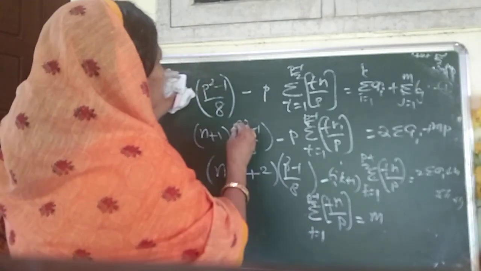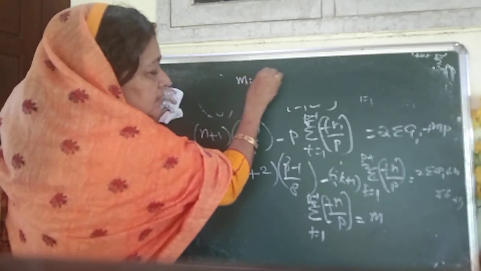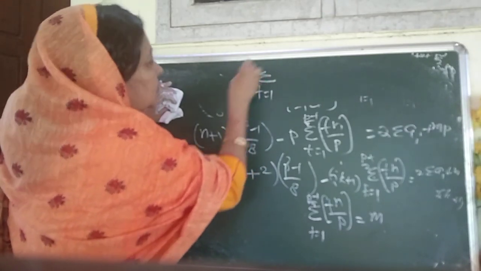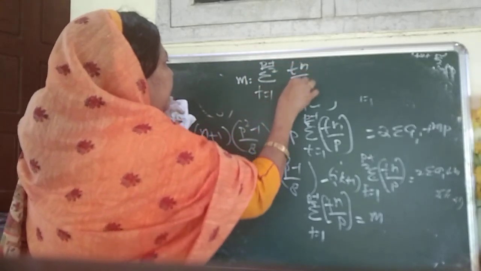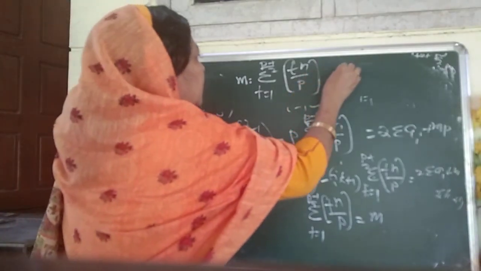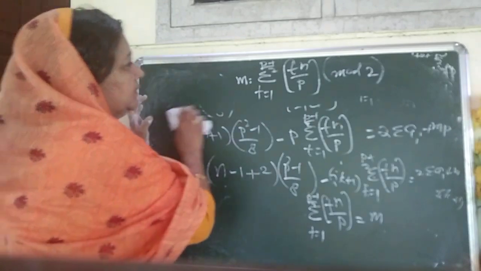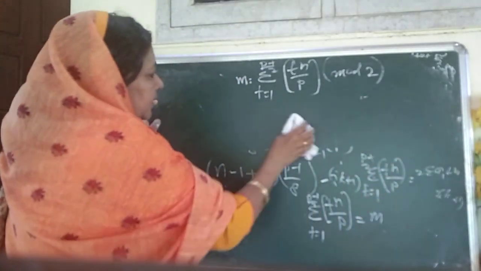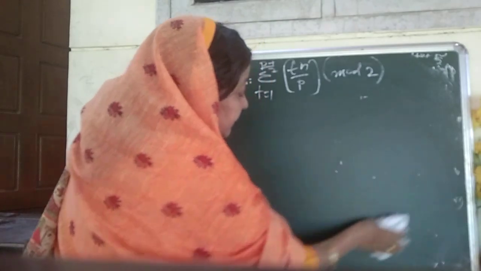Therefore, we get m equal to sigma t equal to 1 to (p minus 1)/2 of [tn/p], that is the integral part of tn by p modulo 2. It's a very important thing. Then we come on to quadratic reciprocity.